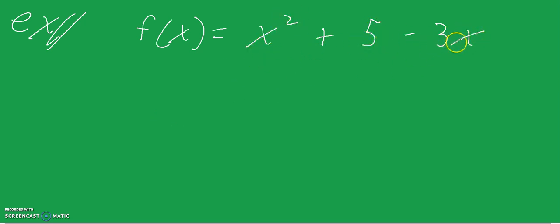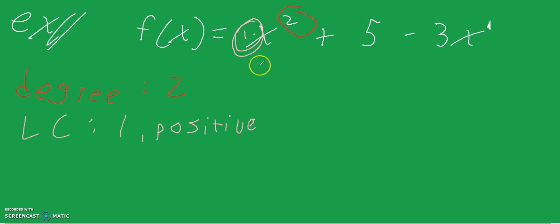And remember, for just 3x, there's a little invisible 1 that we don't really write. But that doesn't matter for this one because we can see that the degree is 2. And then the leading coefficient is the number in front of the x squared term. Well, it's understood to be a 1. So the leading coefficient is 1, which is positive.